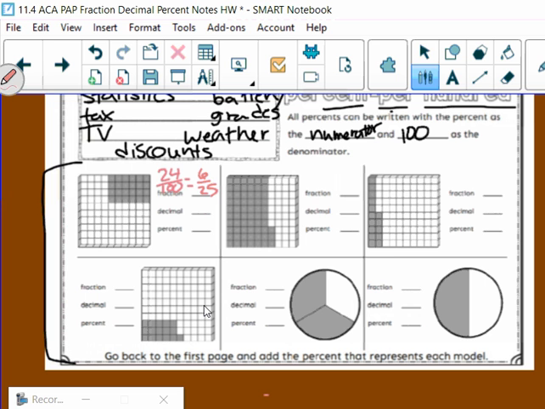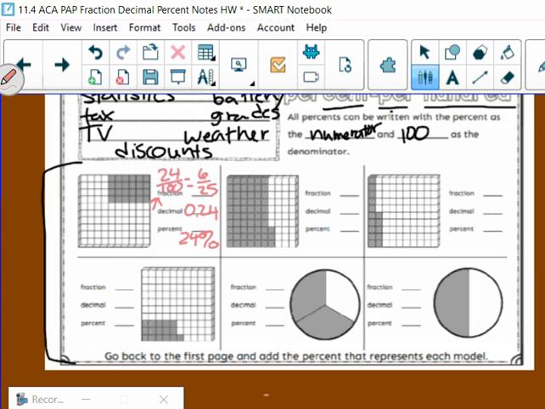Just for today, I want you to see that hundred relationship. That decimal, Yusra, would be? The decimal would be 0.24, and the percent would be 24%. Again, we want to leave it because then it's just the numerator of that fraction.